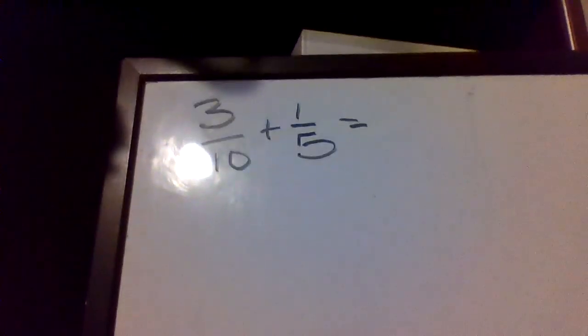Pretty easy, right? But unfortunately, most of the time when you see fractions, they're not going to have the same number on the bottom, or like denominators. So, this is what we have to do. We have to get like denominators.